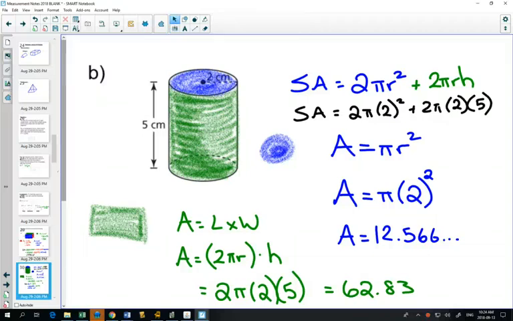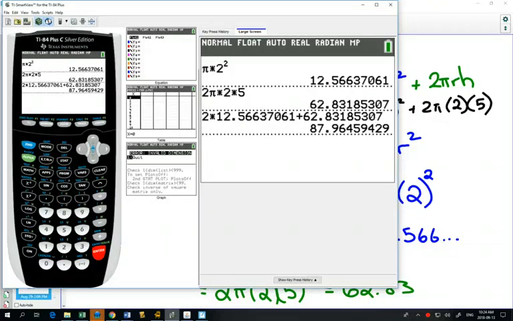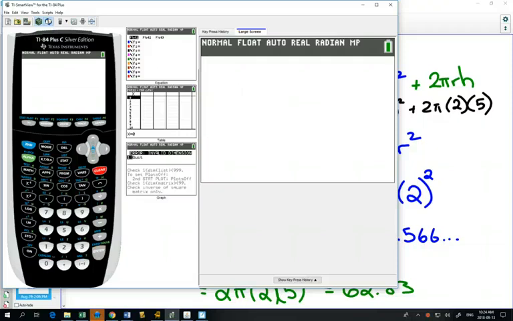And the calculator is really nice for typing in all of this at once. So 2 times pi, bracket 2, bracket squared, plus 2 times pi, bracket 2, bracket 5. Wow, that is not a 5.